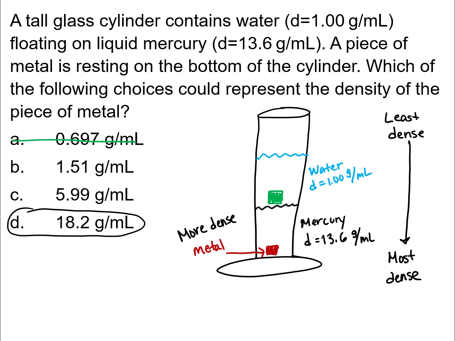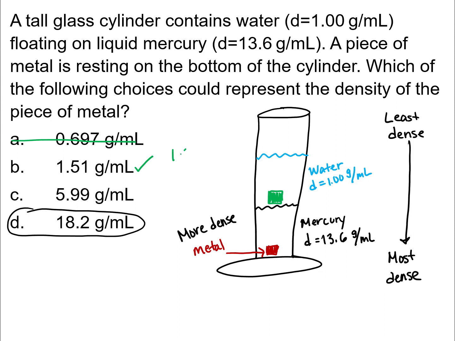What about B? Could that be a density of the metal? Yes, it could, because for it to represent the metal, it has to be a density greater than water, less than mercury.